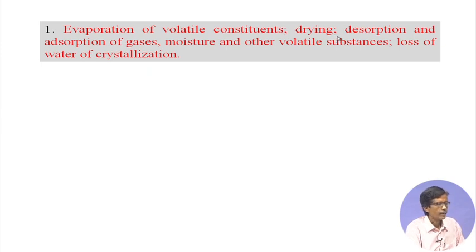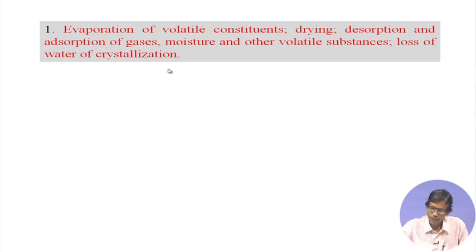Basically, this drying process is when we dry a sample of nickel DMG, as I told you, or the desorption of some material or adsorption of gases. When adsorption of gases takes place, there will be a gain in weight, or the moisture loss or moisture gain, and other volatile substances, and loss of water of crystallization.